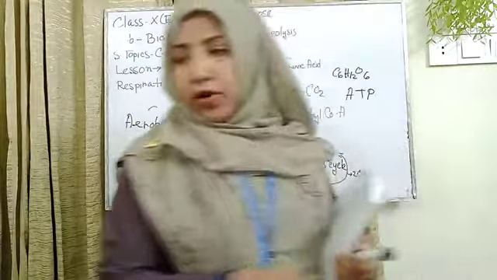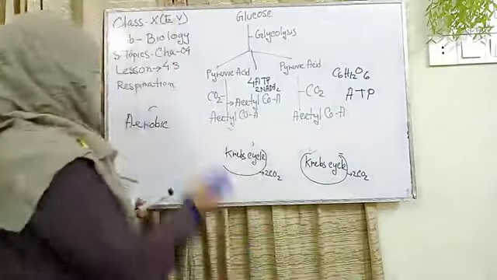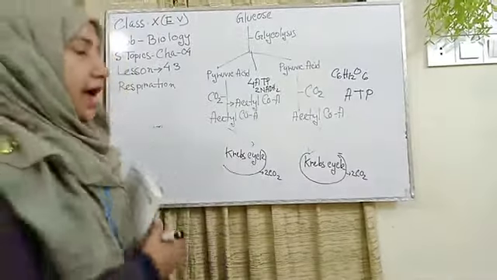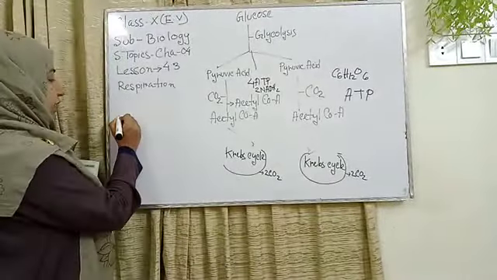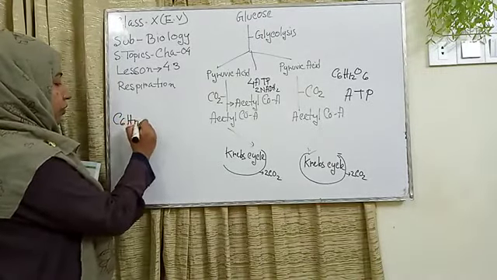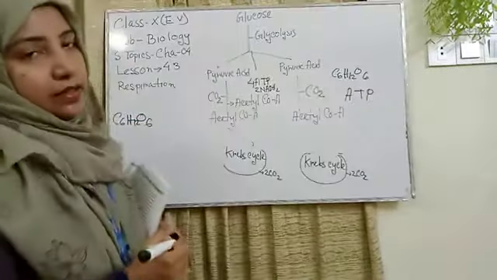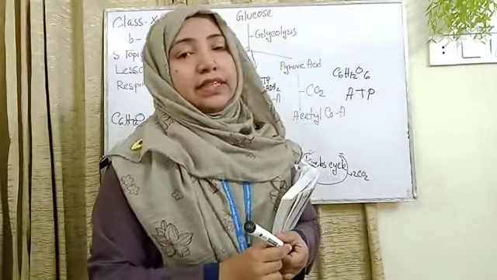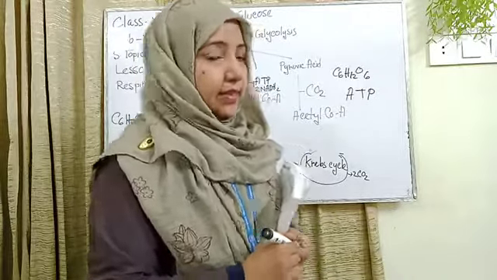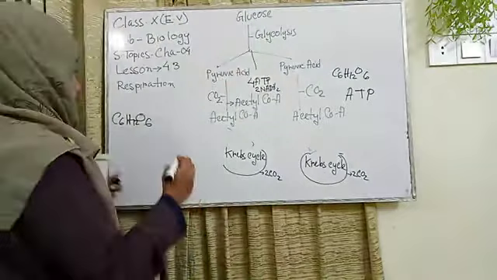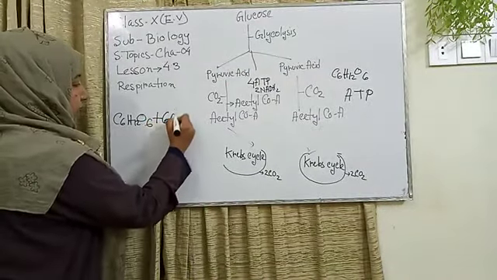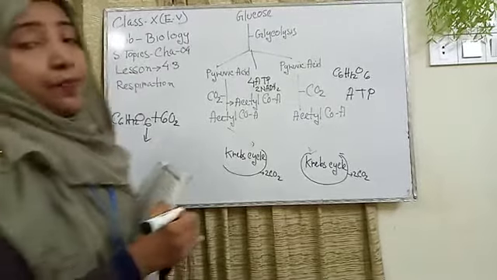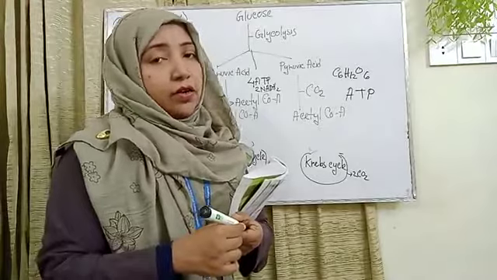Now the main formula and formation of respiration. First I discuss the potential energy, C6H12O6, which the green plant gets from photosynthesis. We discussed this potential energy in the previous class. With the potential energy and the presence of 6 oxygen, it is converted into kinetic energy or ATP.